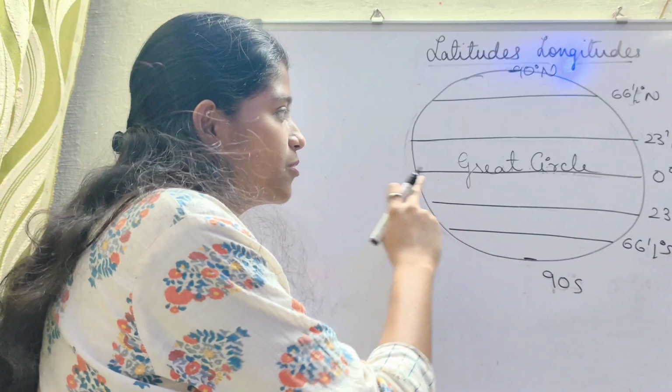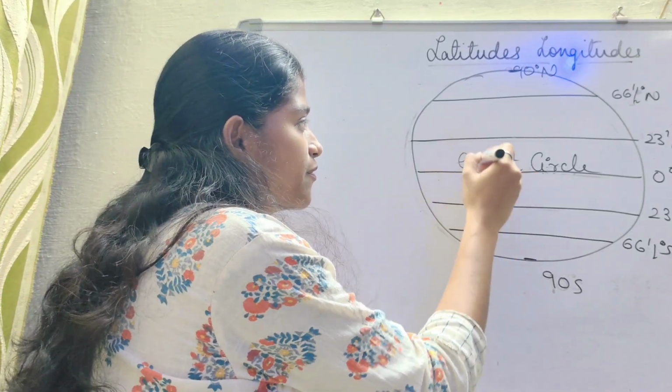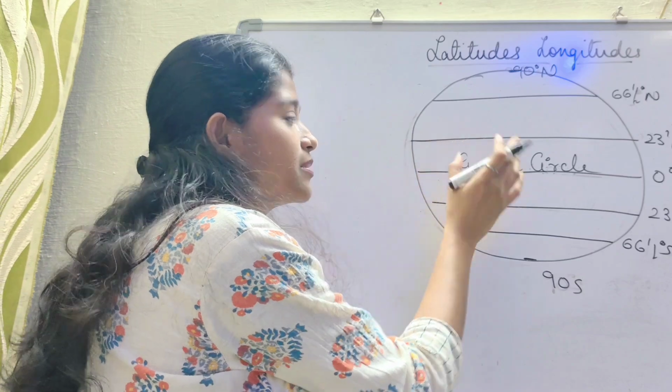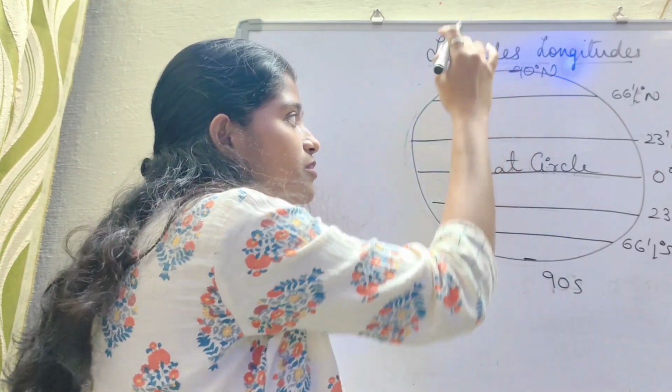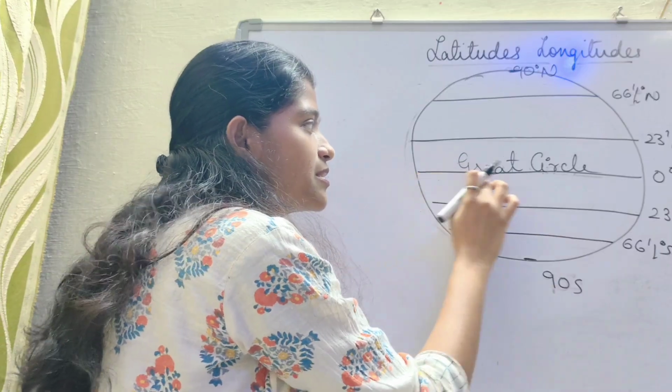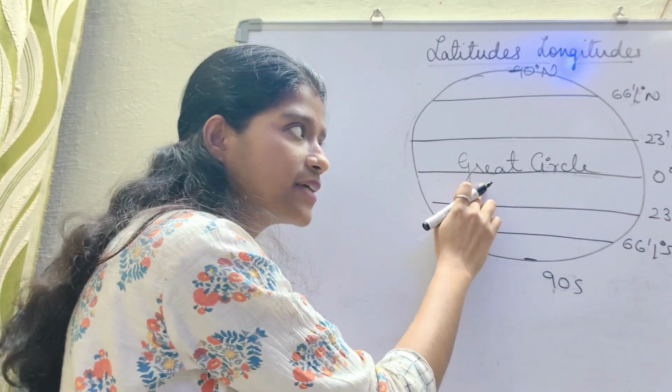One more important thing you have to know is that the length of the lines of latitude goes on decreasing as we move to the north or to the south. This is the longest line which can be drawn on the globe. That's why it is called the Great Circle.